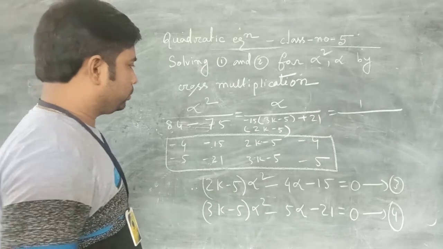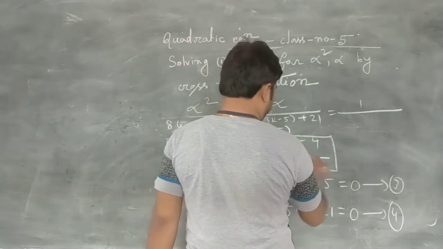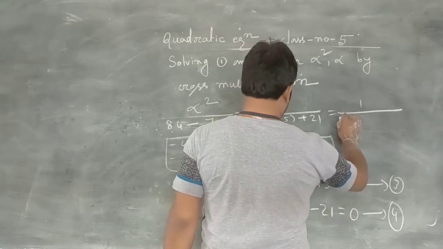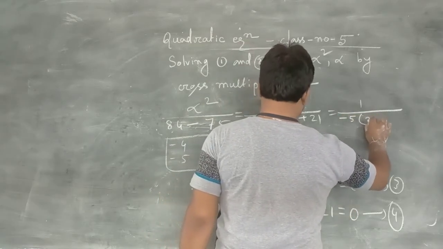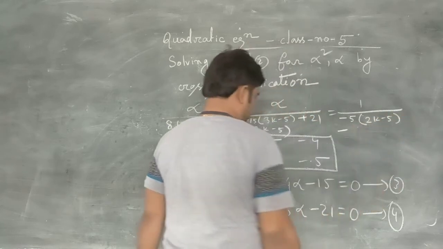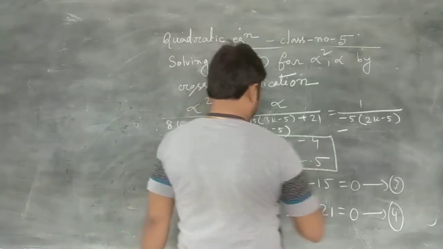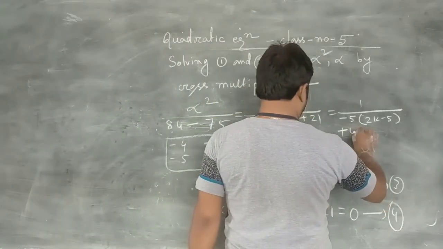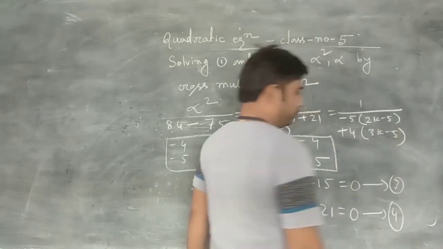Okay. Next, minus 5 into twice k minus 5, minus 4 minus minus it will become plus, so thrice k minus 5.